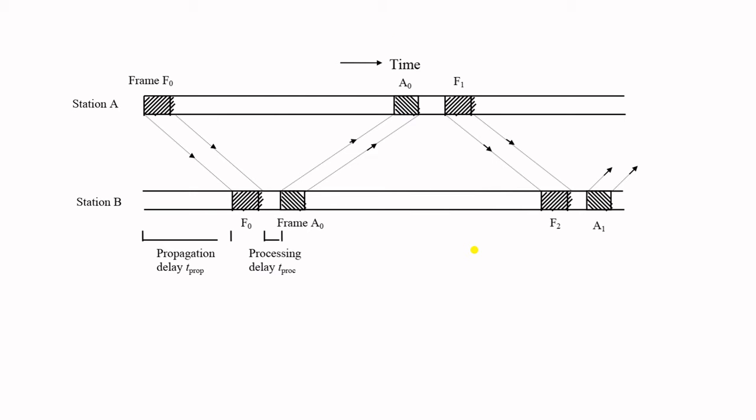Here is the timing diagram, with station A and station B. Frame F0 is transmitted and station B receives this frame F0. The lines are diagonal, not straight, showing that it is not received at the same time as it is sent.